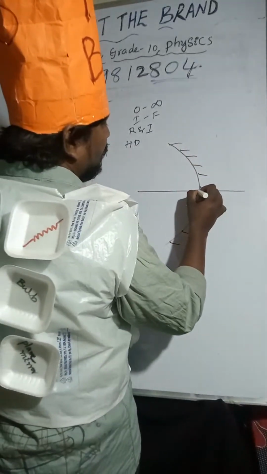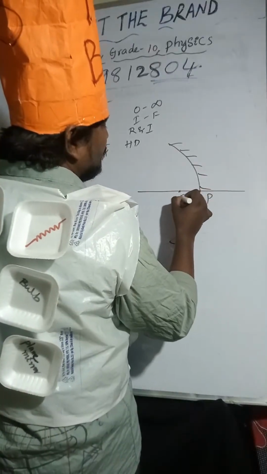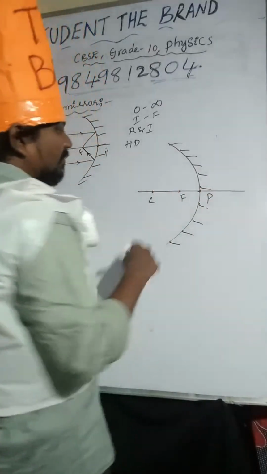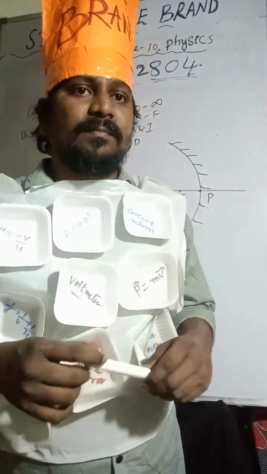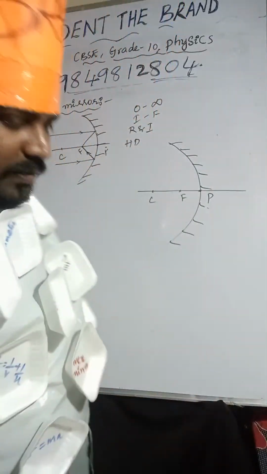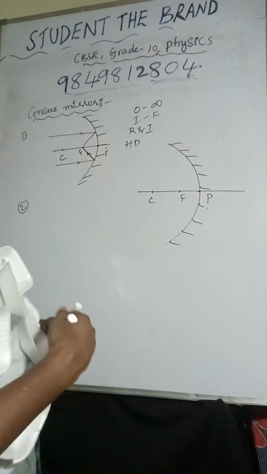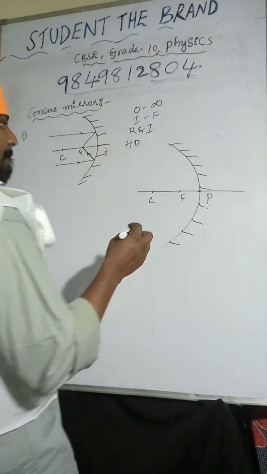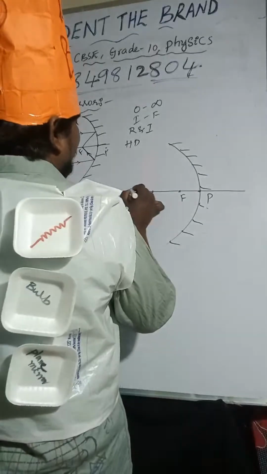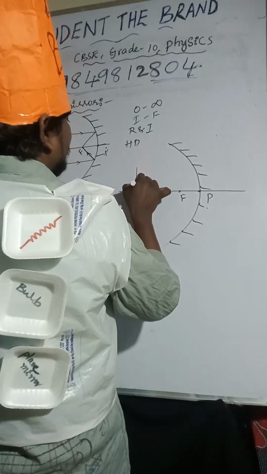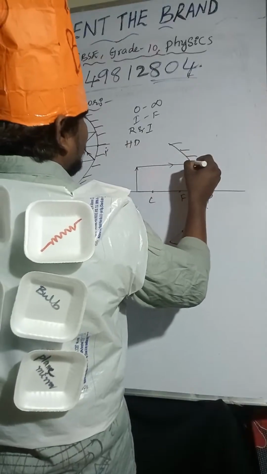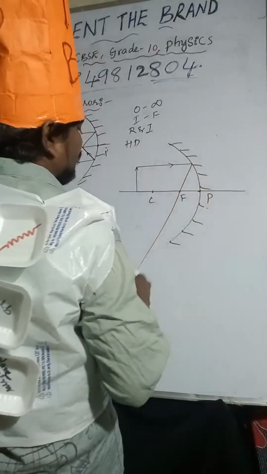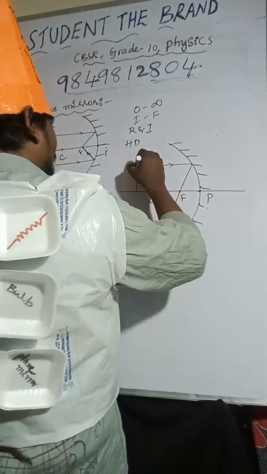So pole, focus, center of curvature. Now object is placed beyond center of curvature. One light ray I am taking like this, another light ray passes through focus.